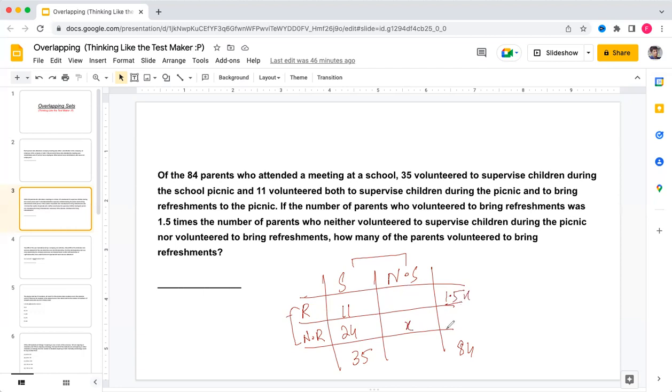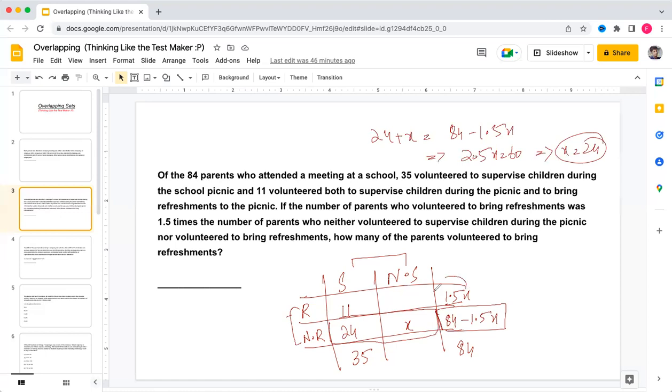If this is 1.5x, this will be total minus 1.5x, which is 84 minus 1.5x. You know that these two sum to this thing. So this will be 24 plus x equal to 84 minus 1.5x. So if you proceed further, this will be 2.5x is equal to 60 and x is equal to 24.